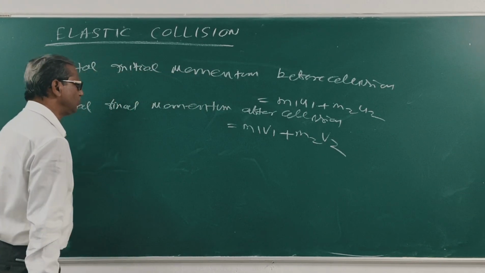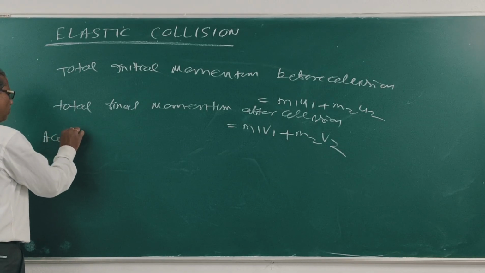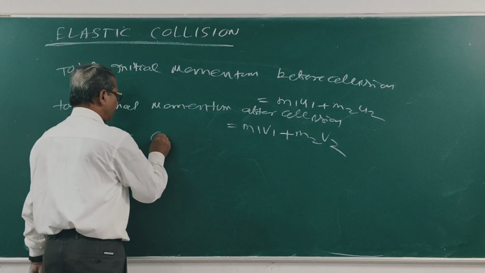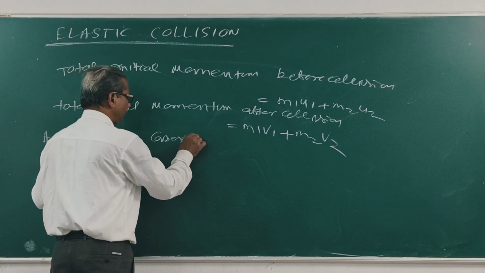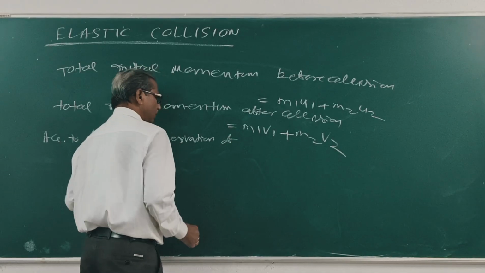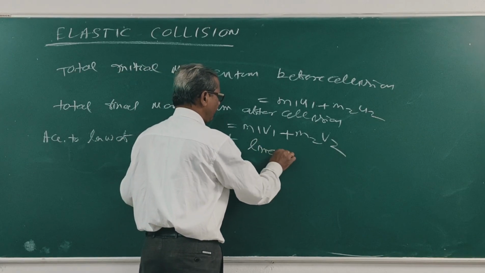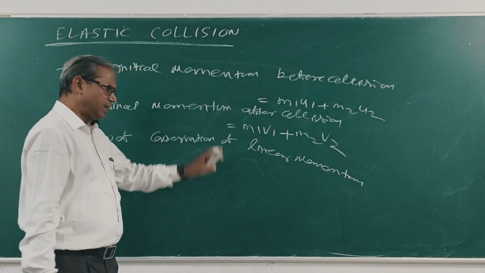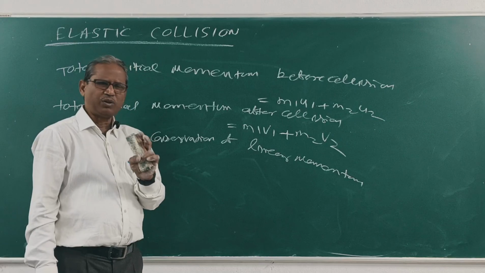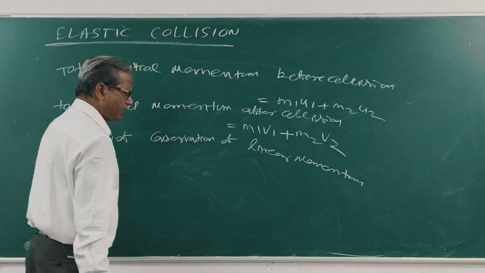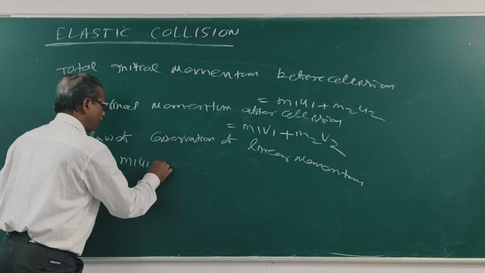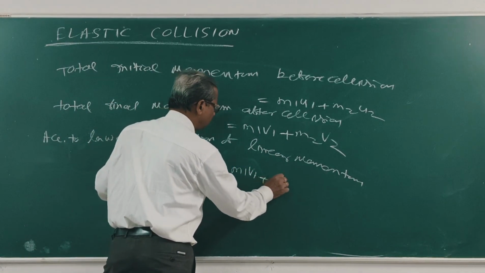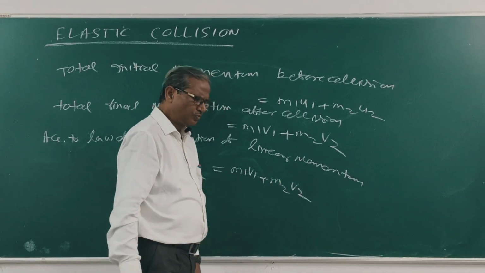According to the law of conservation of linear momentum, m1 u1 plus m2 u2 is equal to m1 v1 plus m2 v2. Clear?